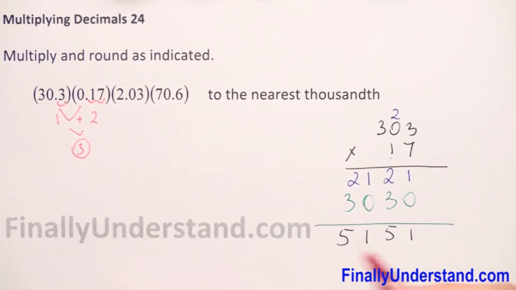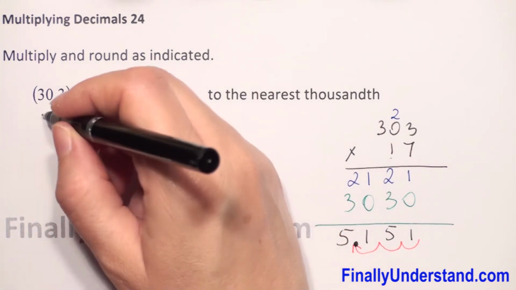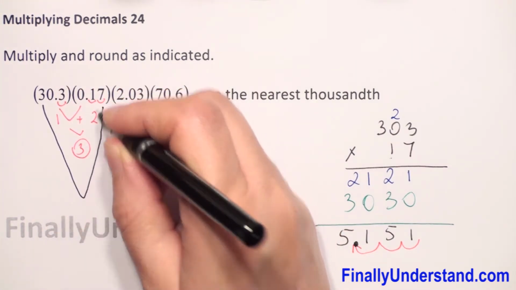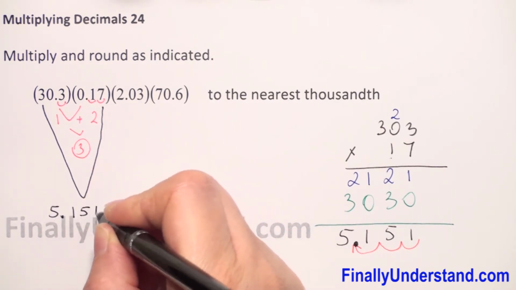So we need 3 decimal places. 1, 2, 3, we count from right to left. The decimal point will be between 5 and 1. So the solution to the multiplication of these first two decimal numbers is 5 decimal point 151.